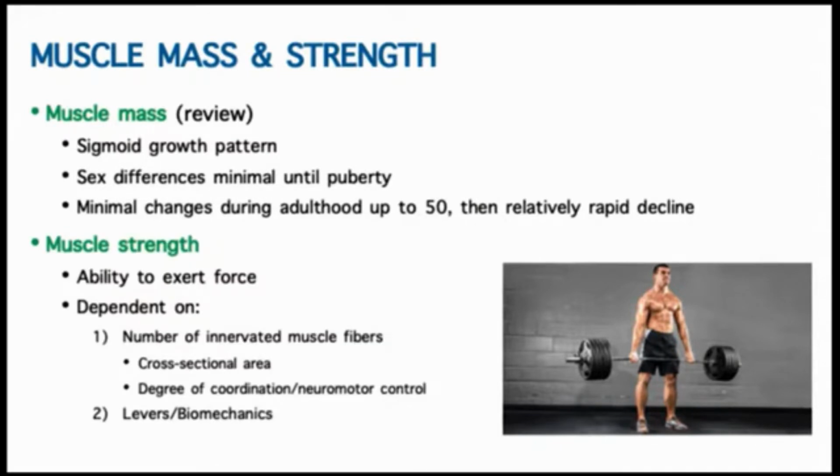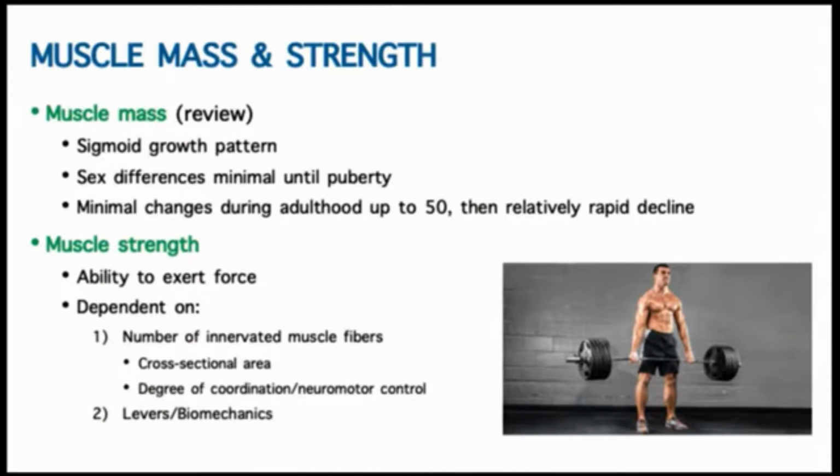How much does your overall body tissue or muscular tissue weigh, right? Then we can talk about muscle strength, which is a person's ability to exert force, okay? Usually people will say, if you have more muscle mass, you should have more muscle strength, which is true. The more your muscle weighs, likely the more that you're going to be able to produce, right?